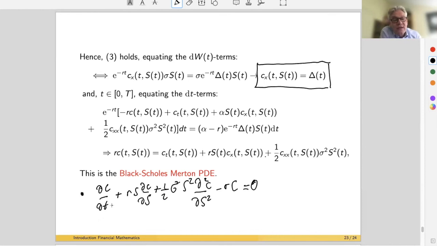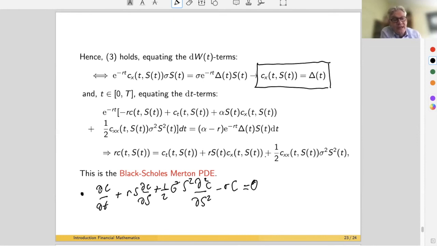An equation with time t, partial derivatives with respect to time, and partial derivatives with respect to S. And this is the Black-Scholes-Merton partial differential equation. It's a parabolic partial differential equation. It has a first and second derivative with respect to S, it has a zeroth derivative, and it has dC/dt.